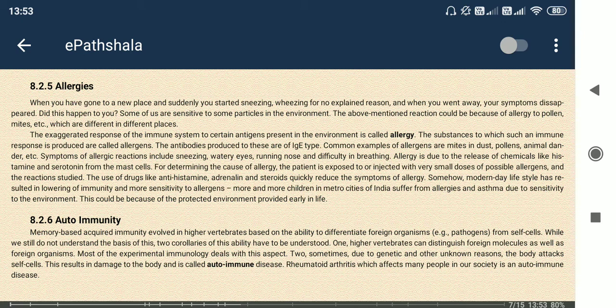Whenever that patient faces that foreign particle, they start producing some antibody, so their body system reacts to that foreign particle repeatedly and very quickly. That is the allergic reaction. If we don't come across that specific foreign particle, we will not have any reactions, we will not have any problem.